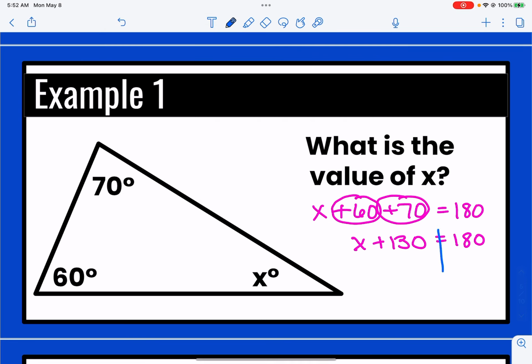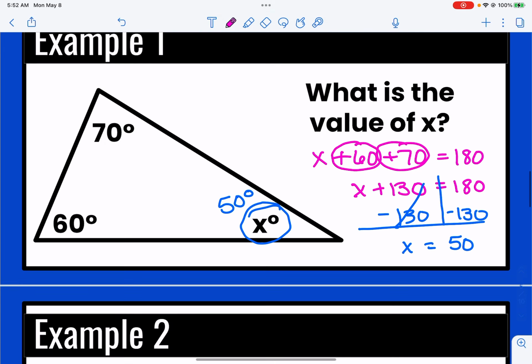So I'm going to draw my wall, and I'm going to subtract 130 from both sides. These two cancel, and I can see that x is 50. Now, since this angle is just x degrees, then I know this angle is 50 degrees. And I can always make sure that I go back and check my math by adding up all three angles and making sure that I have 180 degrees.